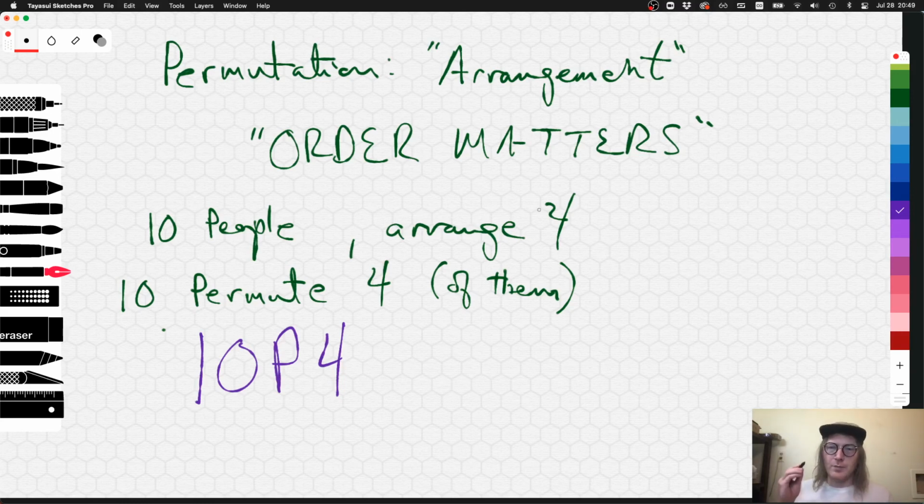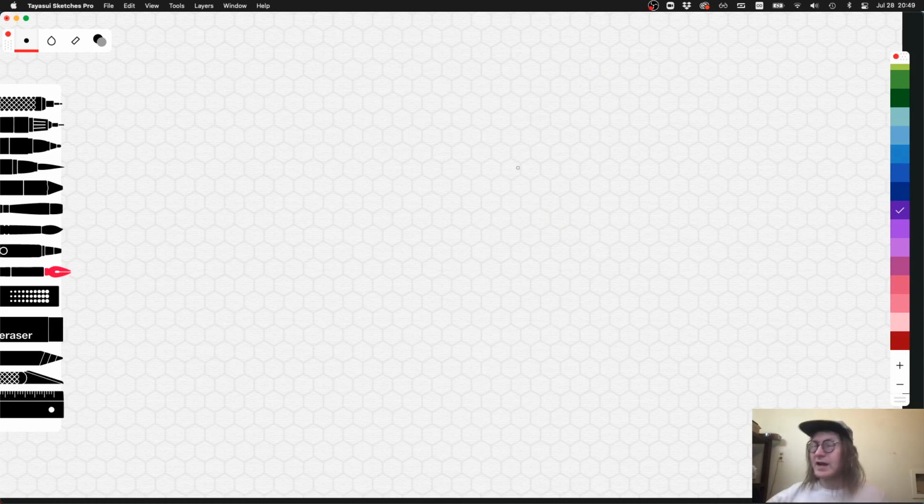And because of that, we are going to reduce the space. Okay? So just like we went from raw counting, counting with replacement, we reduced that to factorial. Factorial is actually just a special case of permutations where we say, okay, we're going to permute everything. We're going to say 10 permute 10, for instance. Okay? So let's take that idea.